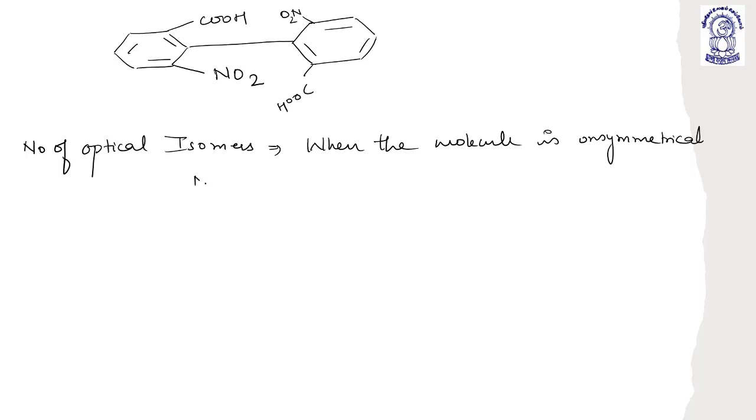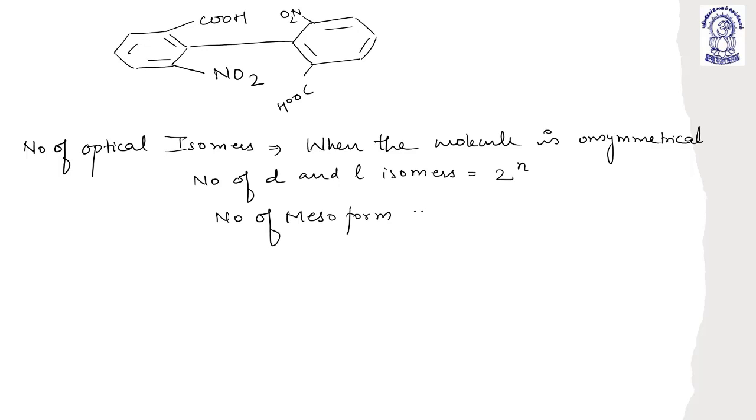The number of D and L isomers is 2 to the power n. Number of meso forms is 0. Total number of optical isomers is 2 to the power n, where n is the number of chiral carbon atoms.